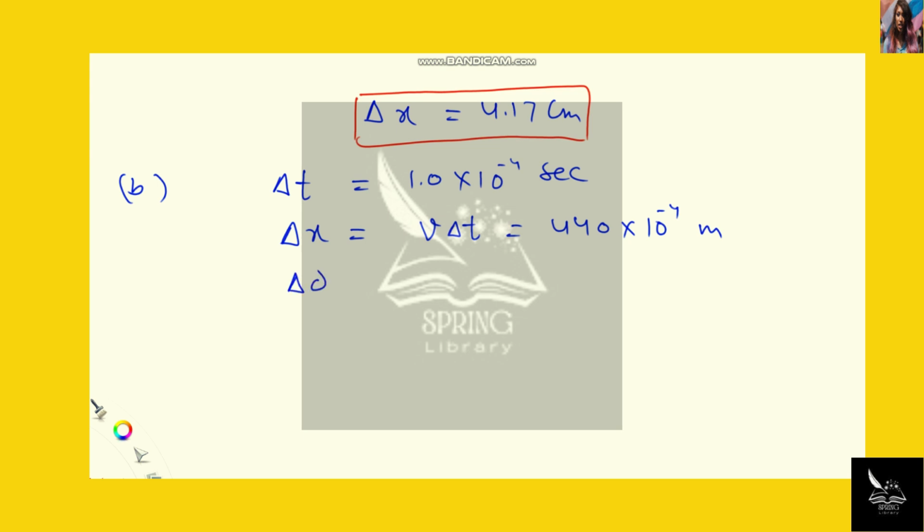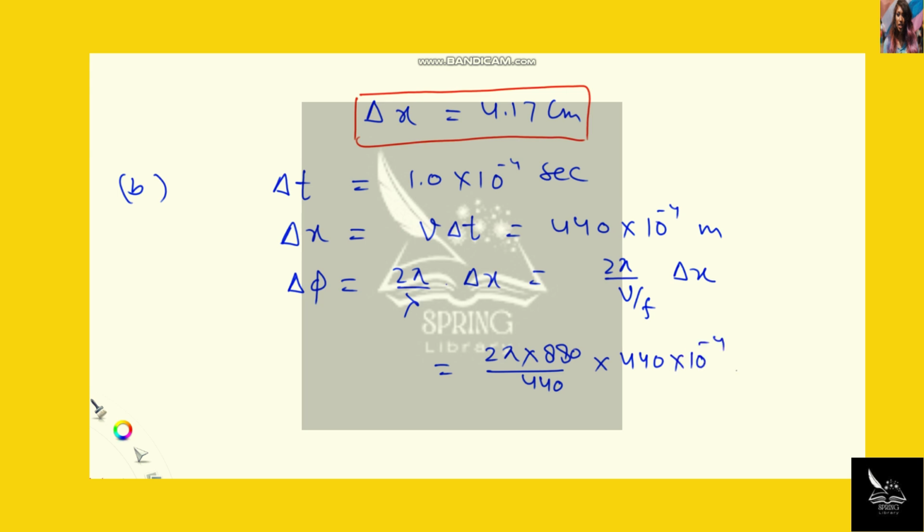So delta phi, the phase difference now, will be given by 2 pi by lambda into path difference. So this is 2 pi by lambda, for lambda this is v by f again, into path difference, or plugging in the known values, this is 2 pi multiplied by the frequency 880 divided by the velocity 440 into delta x, which is also 440 into 10 to the power minus 4.